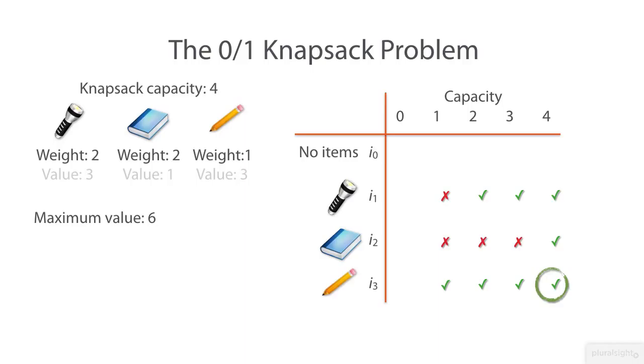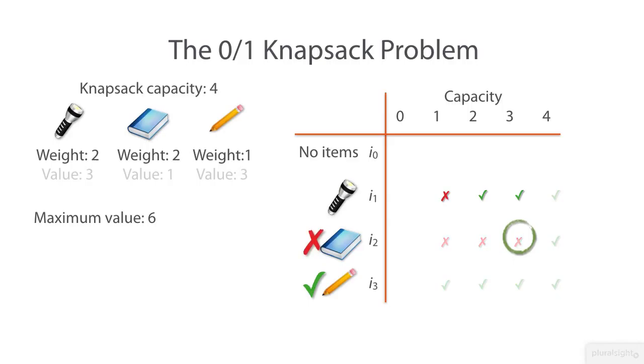So, in the lower right corner, we can see that the pencil is included in that largest of all the subproblems. When the pencil is selected, we have no use for the corresponding row anymore. Also, in order to see what should be included in the remaining knapsack capacity, we should look at the subproblem where the pencil's weight is subtracted. That can be found here. In this subproblem, the maximum value is obtained by not including the book.